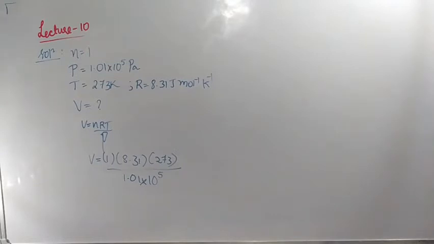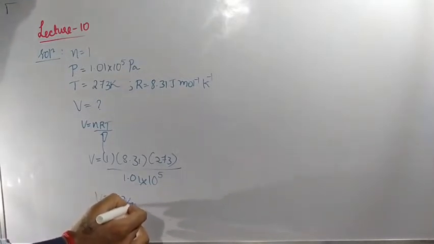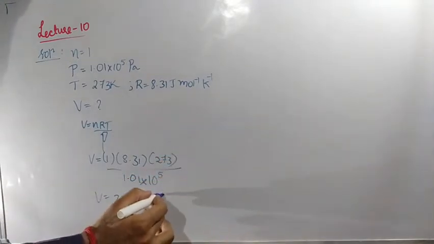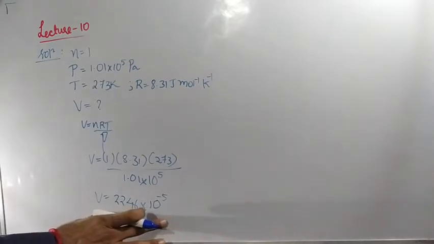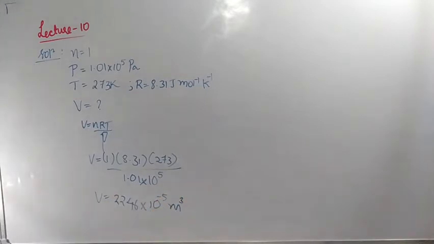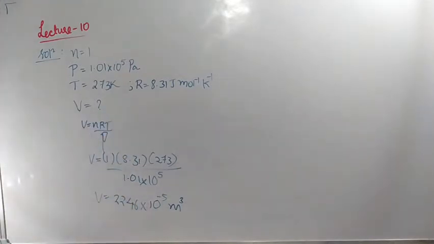If you calculate this, the V value you get is 2246 into 10 to the power of minus 5, since the plus 5 moves from the denominator and becomes minus 5. The value we get here is in units of meter cube, but in the question they are talking about volume in liters.